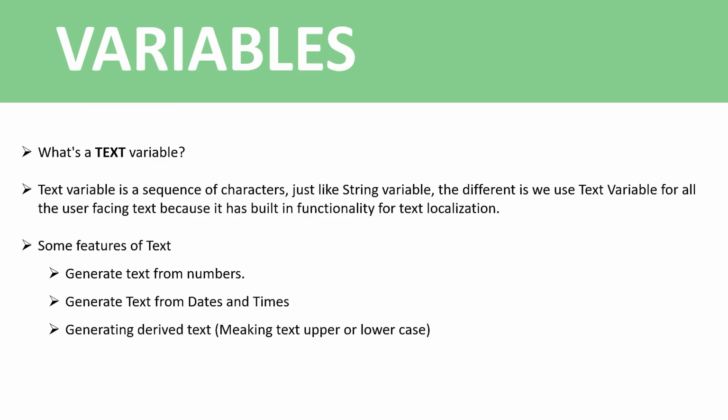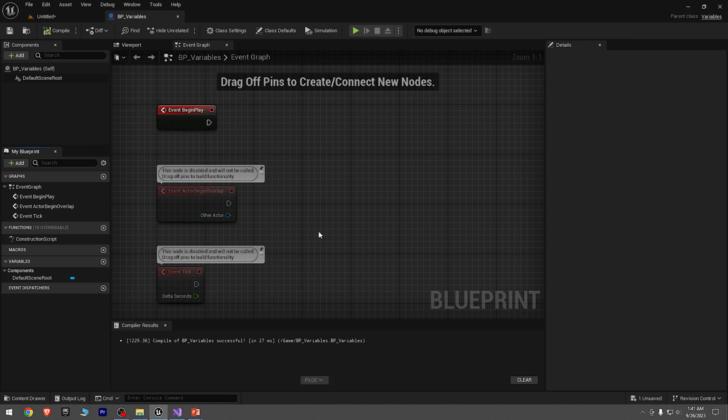Now let's go to the Unreal Engine and see how we can create, use and modify the text variable in Blueprint and C++. In Blueprints, we will be covering the text variable in three parts. First, I will show you how you can create the text variable.